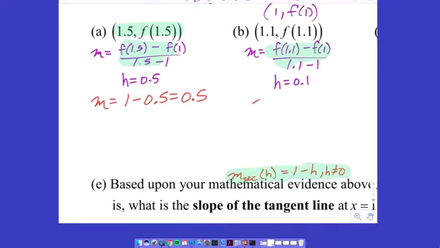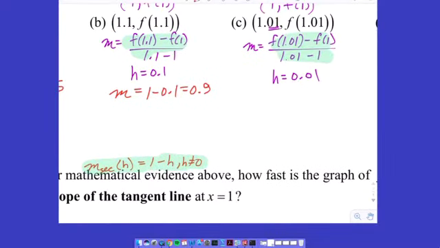Well, what would be the slope of the secant line now between 1 and 1.1? That's when h is 0.1. If I just plug it in, it's 1 minus 0.1, which is what? 0.9. So remember, when we move that point closer, the secant slope is a better approximation of the tangent slope. So it's probably closer to 0.9 than it is to 0.5.